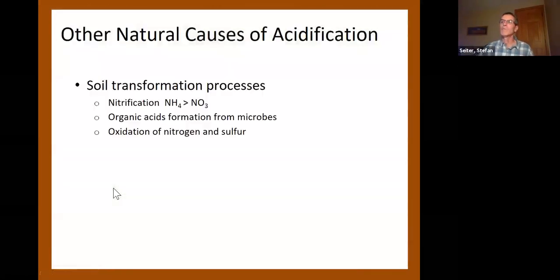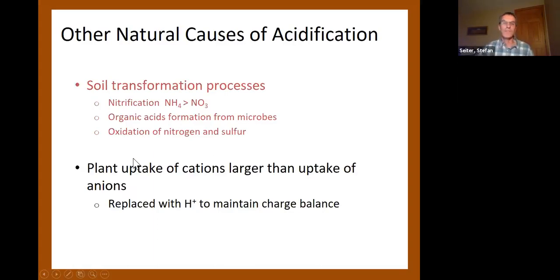There are some other reasons why we have acid soils, and I don't want to make this a chemistry lecture, but there are a number of transformation processes that also create acids in the soil. Then, plants pick up more cations, these positively charged base-forming ions, than anions, and so they usually get replaced with more hydrogen.